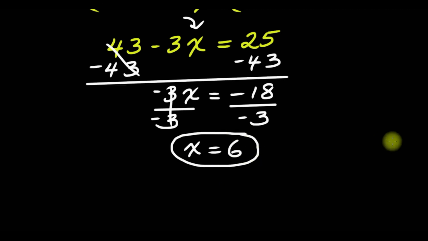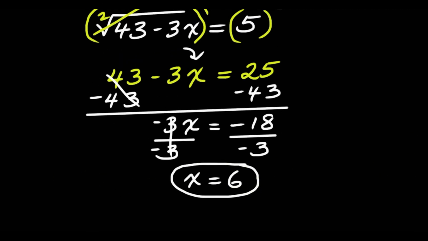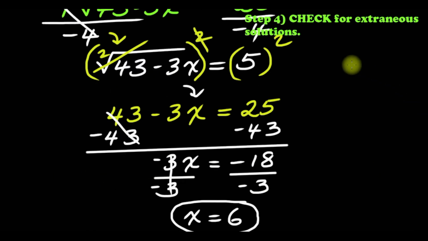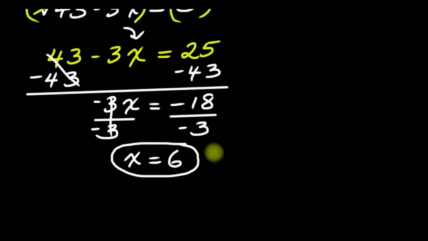For now. The last thing we have to do is to check for extraneous solutions. When you're solving equations involving square root, fourth root, sixth root, and so on, those with an even index number, you always have to check it, because just because you have an answer doesn't mean it's going to work out.